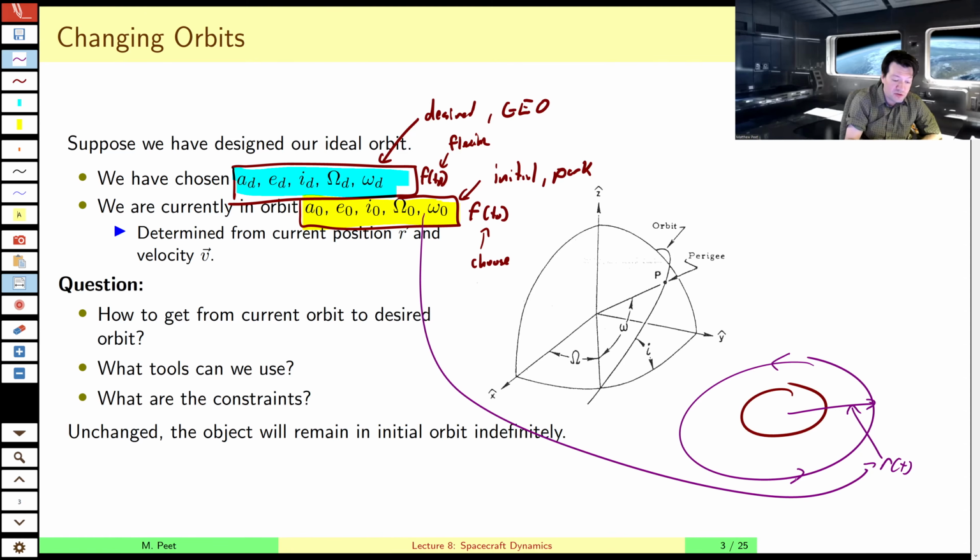So what then can we choose? We can choose to change our velocity. So of course, as we learned earlier, these initial orbital elements give us r, but they also give us a velocity. However, we're assuming that we have some thrust in this problem and that we can change our velocity. So the position will be a constraint, but the velocity will be flexible, or we can choose this.